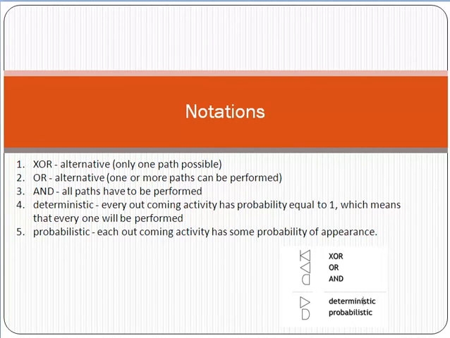Friend, the notation for the graphical evaluation review technique: XOR, or alternative; OR, same concept of or; and AND, which means both conditions should be true. Deterministic means every outcoming activity has probability equal to 1, which means that every one will be performed. Probabilistic means each outcoming activity has some probability of appearance.